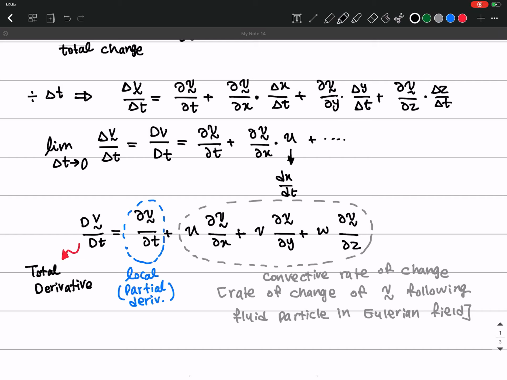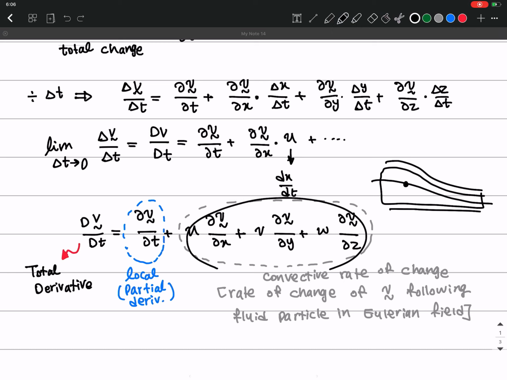This means if you have, say, an Eulerian field, something like this, and let's say you have a control volume, this term shows how much your velocity changes within that control volume with time. And these terms denote how much the rate of change of V is following this fluid particle in this Eulerian field. Okay?